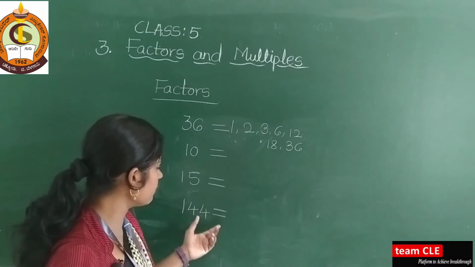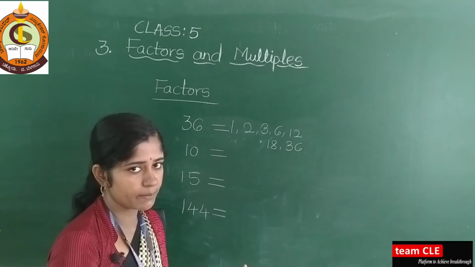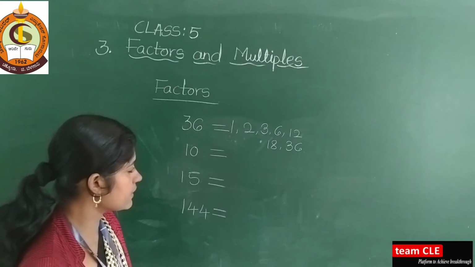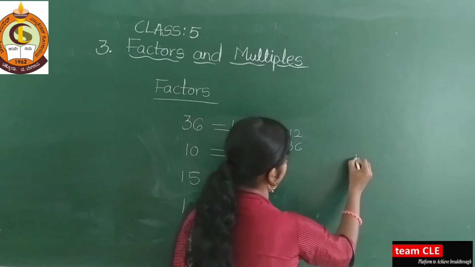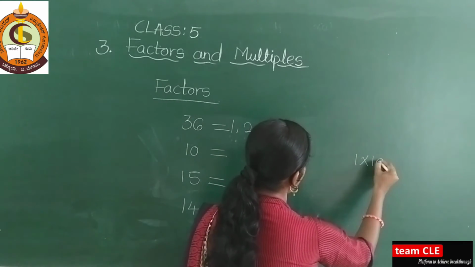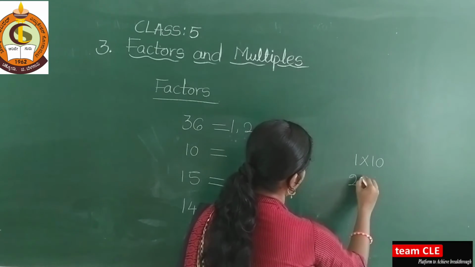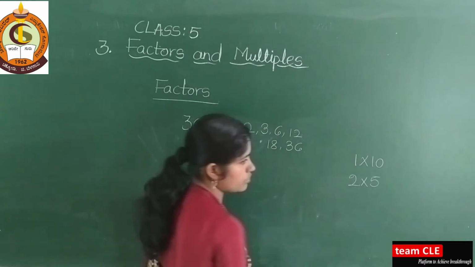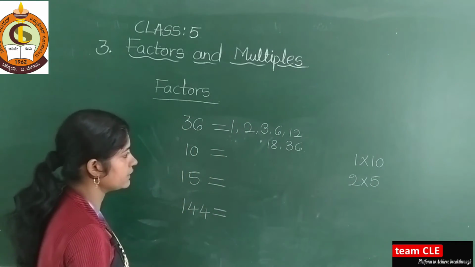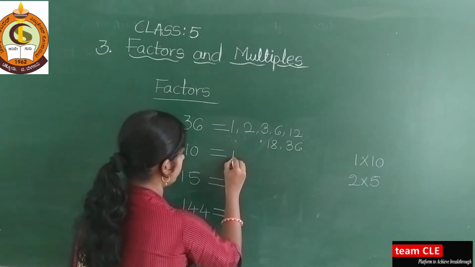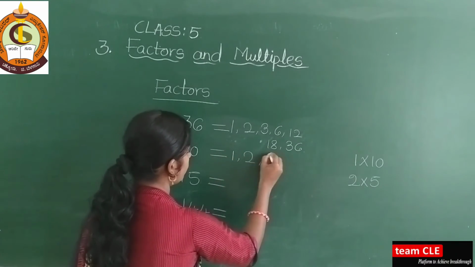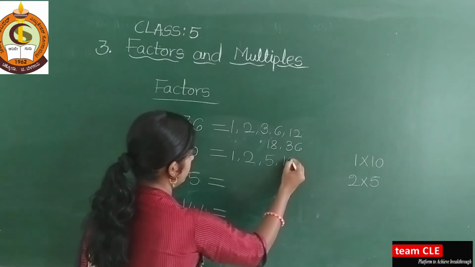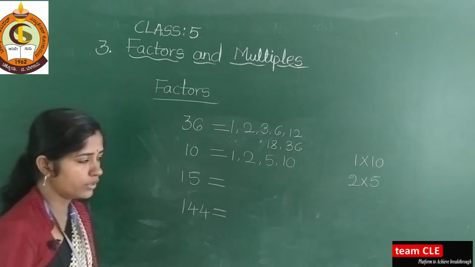When it comes to big numbers, you need to know tables. So 10 is there in 1 tens are 10, 10 1s. Next 2 5s are 10 and 5 2s are 10. So let us arrange them in ascending order. 1, 2, 5 and 10 are the factors of 10.